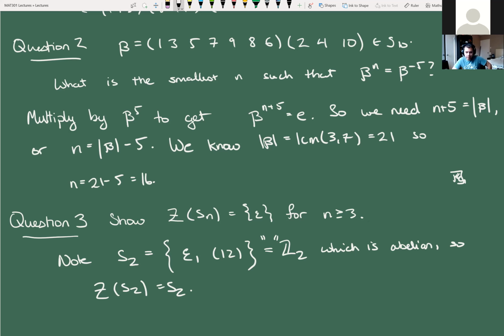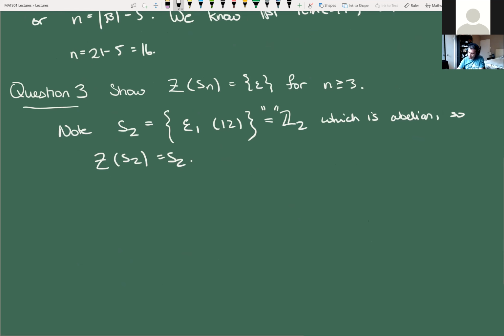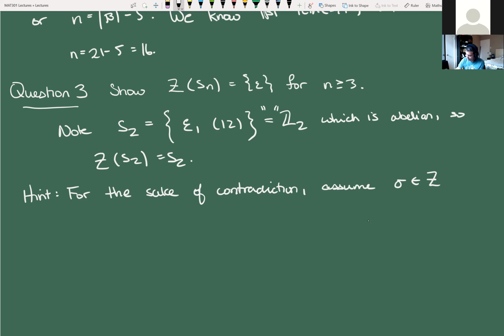So let me give you a little bit of time to play with that. I feel like I should give you a hint. Here's my hint: assume for the sake of contradiction that you can find something in the center that's not the identity.